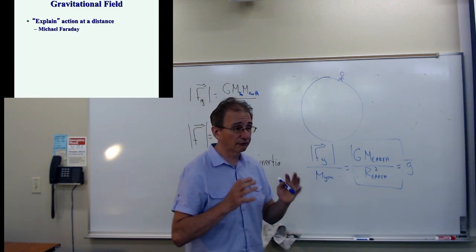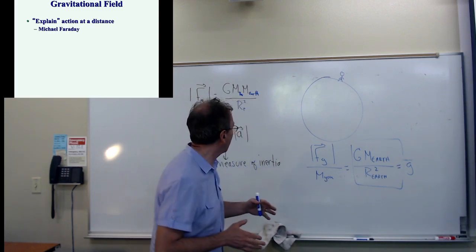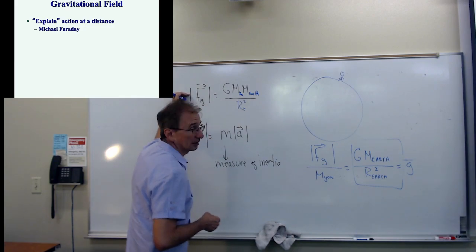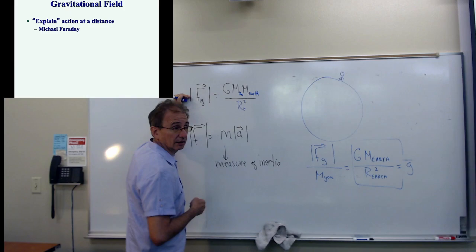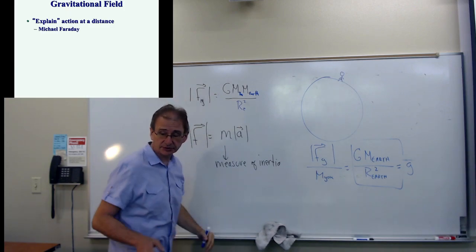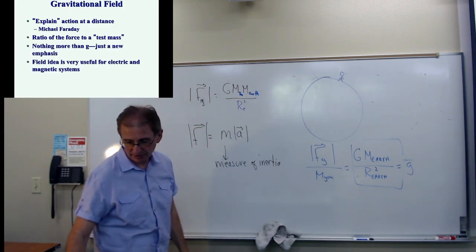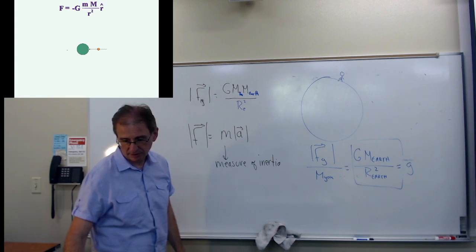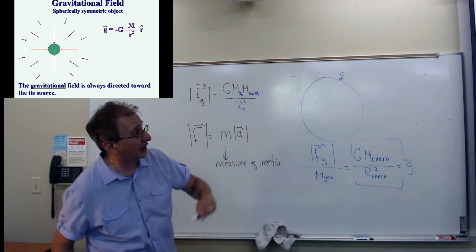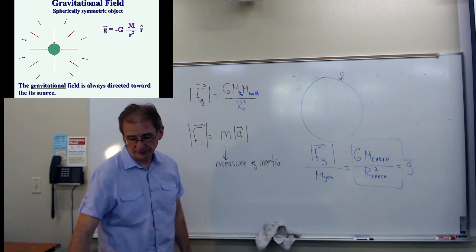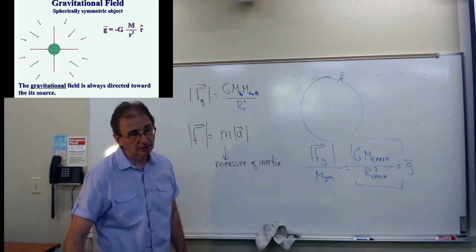The gravitational field is defined as the force divided by the mass. So your gravitational field looks like that equation up there.